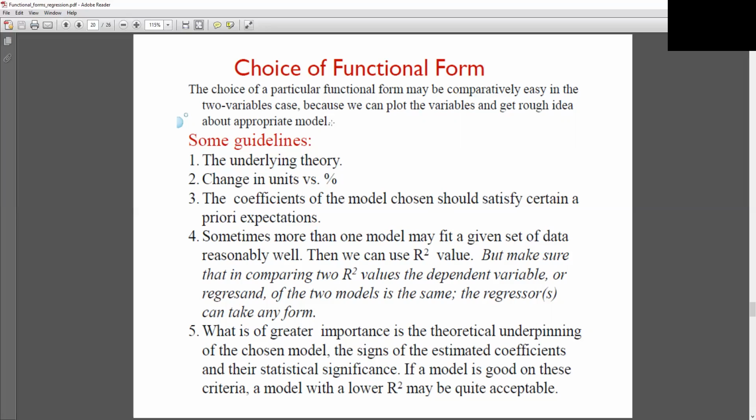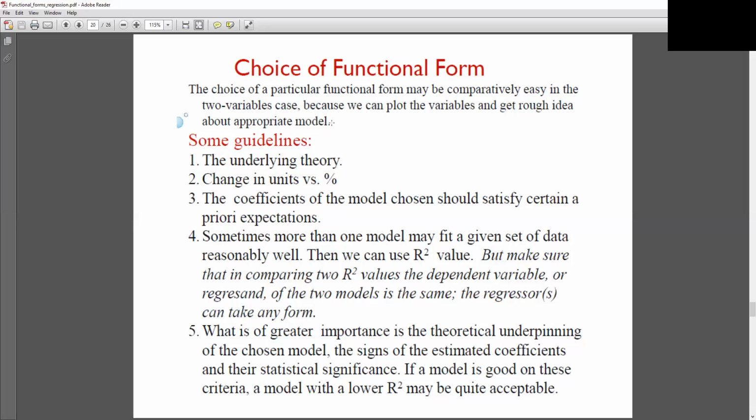The theory will tell you which functional form to choose, or the interpretation of what you're going to interpret, or your requirements of the independent variable and its significance or interpretation. And if you are so much confused, you can leave it to the statistical property of the model.